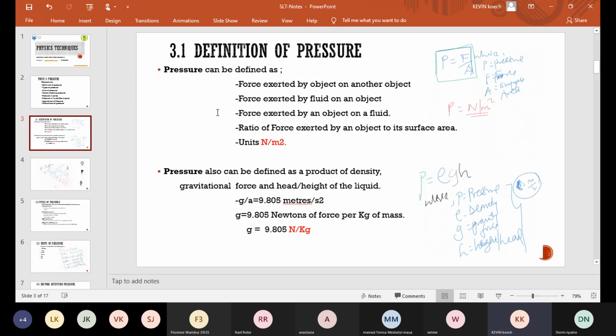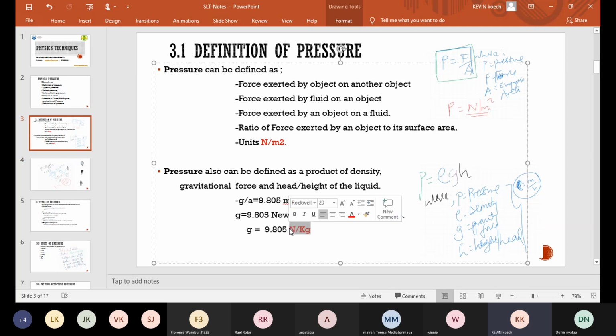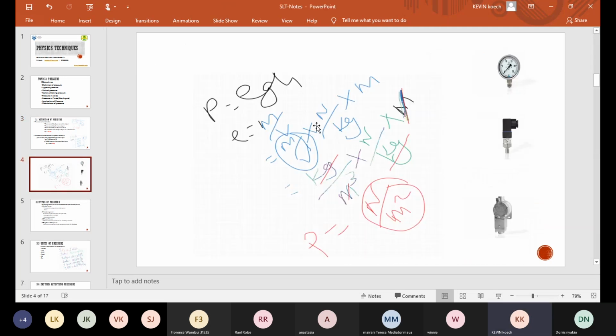So here I said G has units of Newton per kg. So I just multiply N divided by kg multiplied by H. H is height, so it's a distance, or a length, measurement from point A to point B, given in meters.